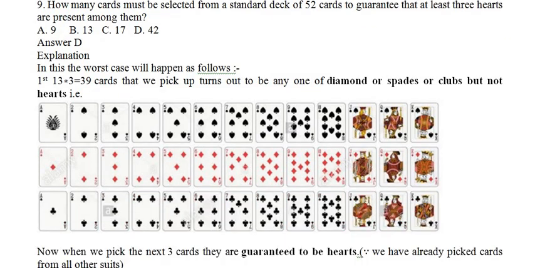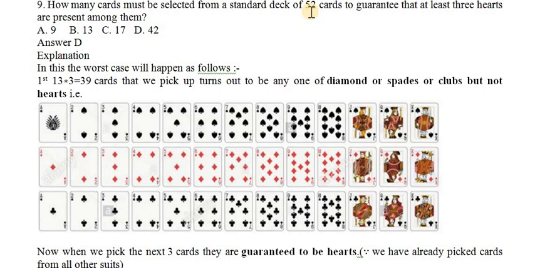Now we go for another very important problem, which was asked in June 2019. How many cards must be selected from a standard deck of 52 cards to guarantee that at least 3 hearts are present among them? Okay, so this is one of the tricky questions, and in order to solve the problem, we need to know what is in the deck of 52 cards.